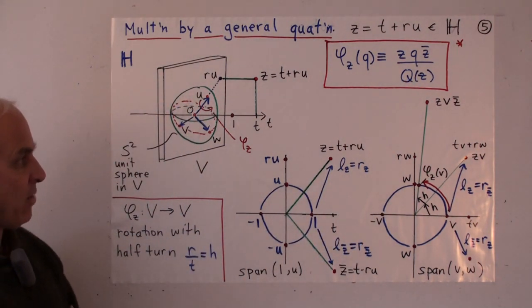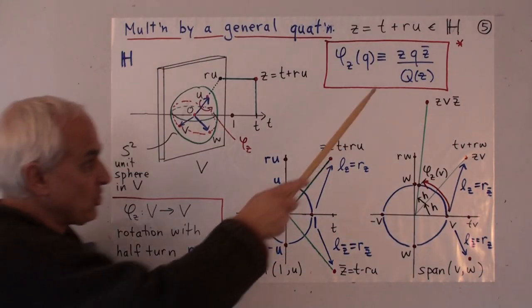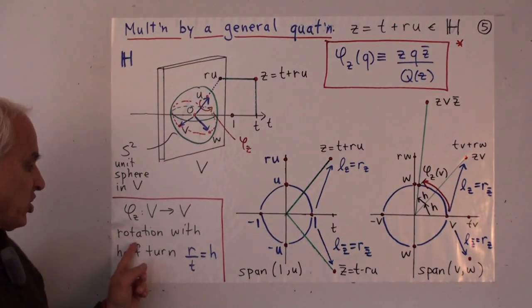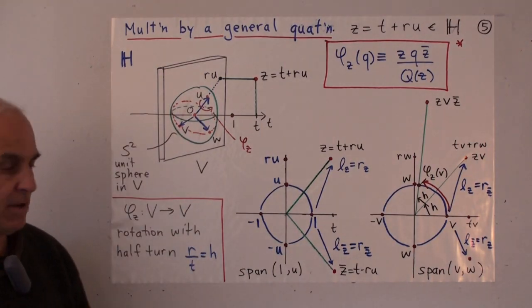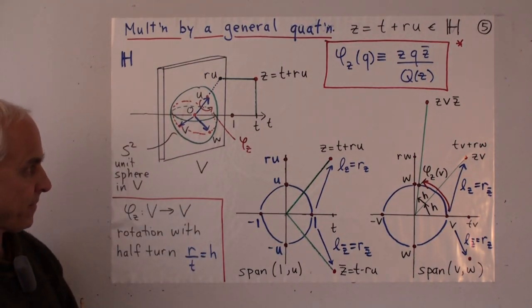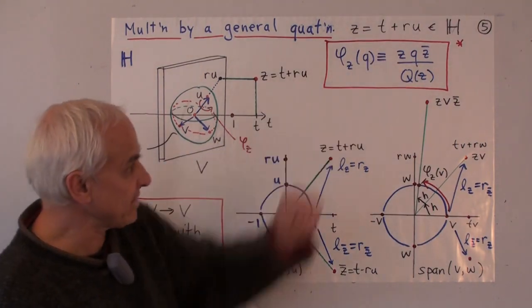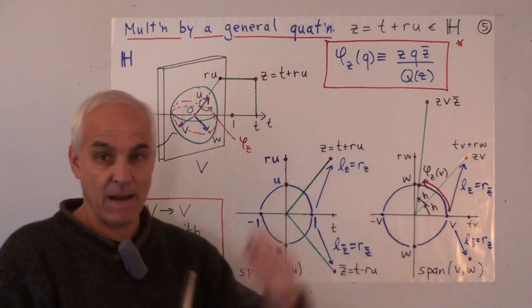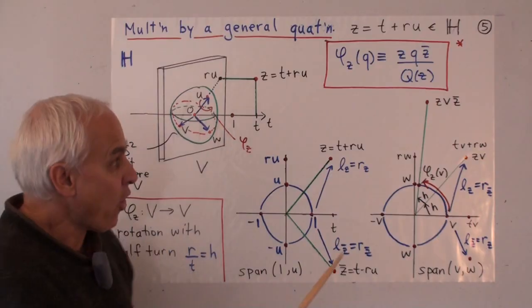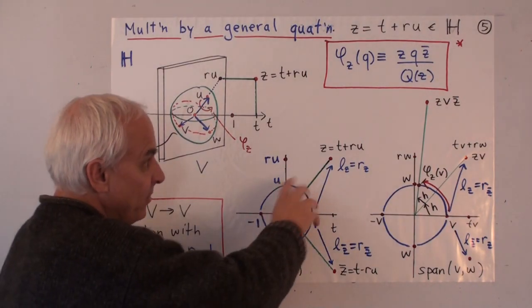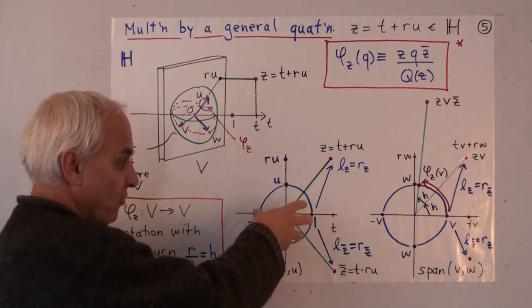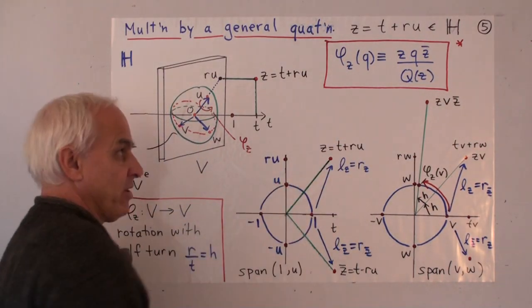All right, now we can see why I think the effect of this is going to be a rotation of just the v-plane. Let me try to explain that to you now. Let's look at the effect of this in these two planes separately. Over here, if I multiply by z, that's a rotation dilation in this direction.